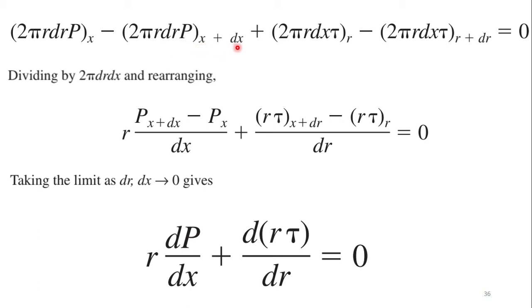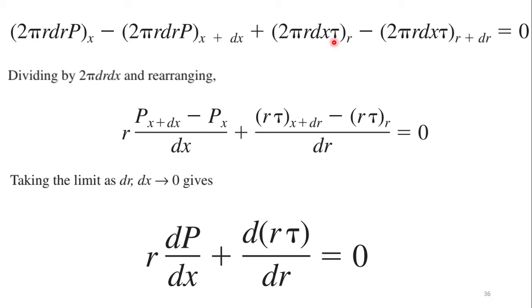Similarly, we add another force which is applying on the element, known as tau. Tau is the shear stress, and shear stress has the same unit as pressure, since shear stress is force per unit area.